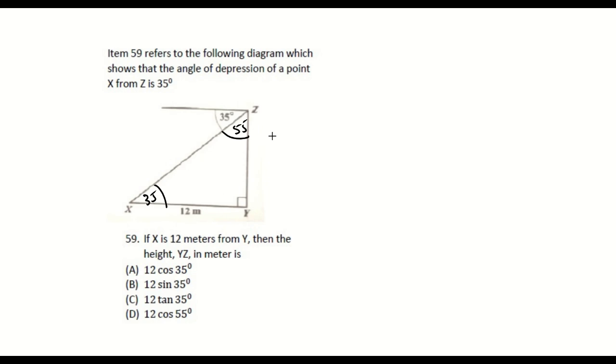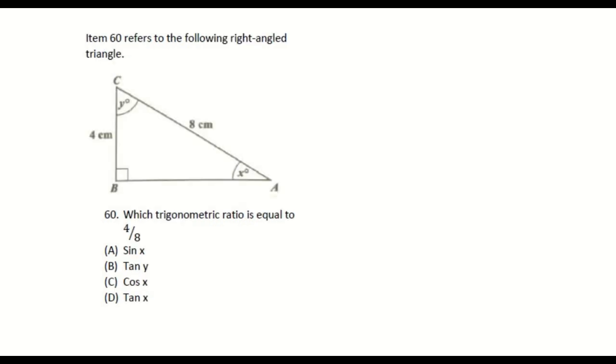If I use 35, this is my opposite, and this is my adjacent. So tan 35 is equal to my opposite over 12. So my opposite would be 12 tan 35. Is there an answer like that? 12 tan 35? Yes, see, so you know that is the angle that you were using.